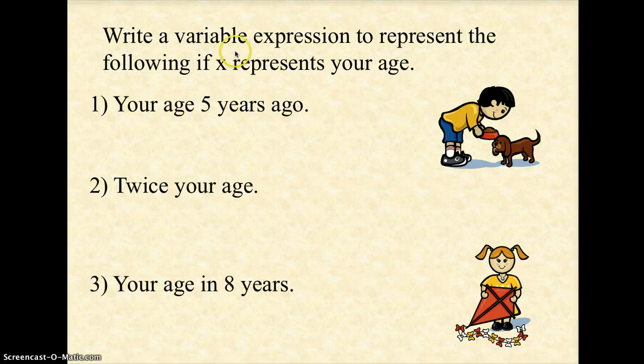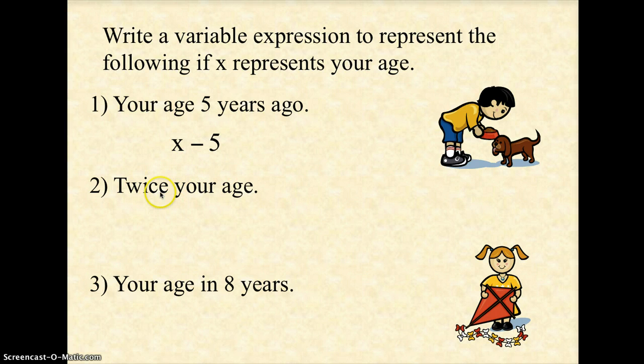In here, it tells you what letter you're going to use, and that's x. If the phrase says your age 5 years ago, you may write it as x minus 5, because x represents the age.